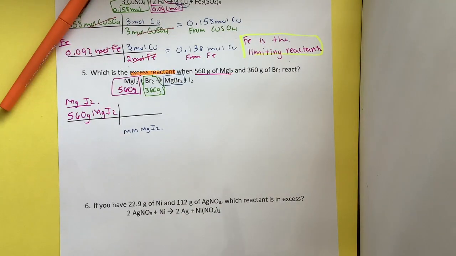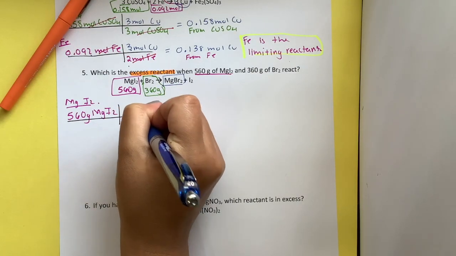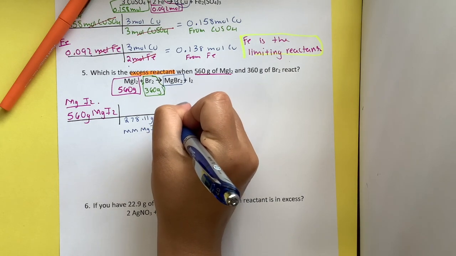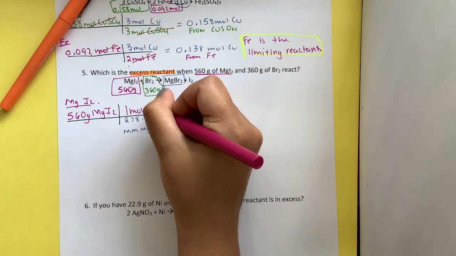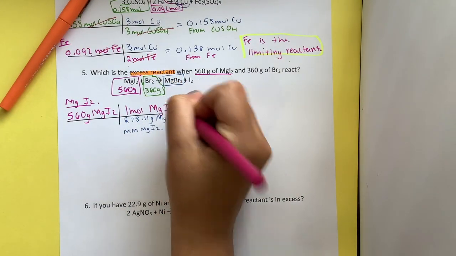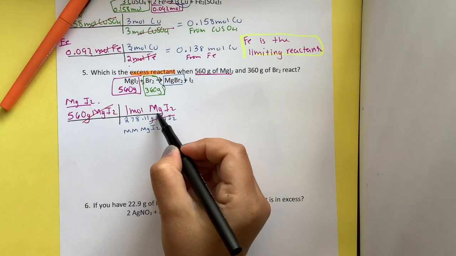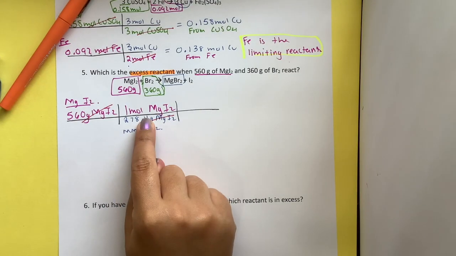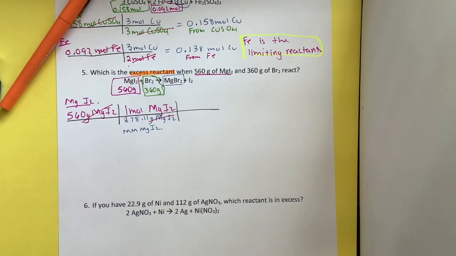Add both of these together, and it's going to give me 278.11 grams of MgI2 for every 1 mole of magnesium iodide. Like this, the grams go away. Okay, now I'm in moles. Now that I'm in moles, I can use the mole ratio. Okay, you guys should know how to find the molar mass. I didn't work it out, but I explained.